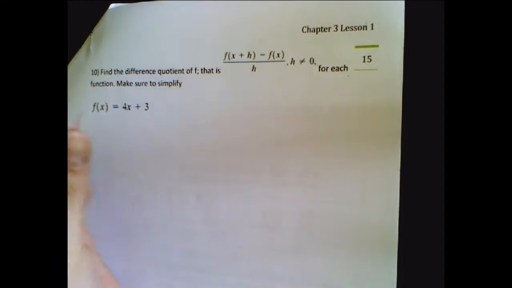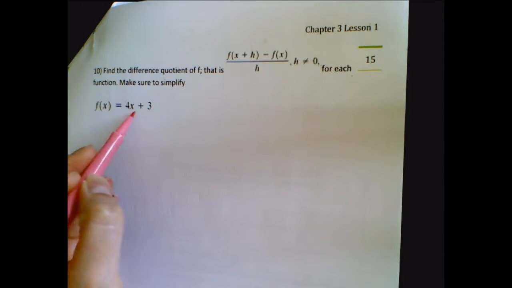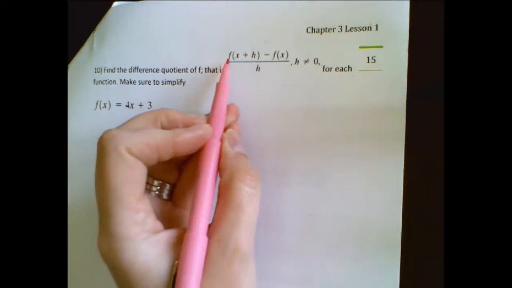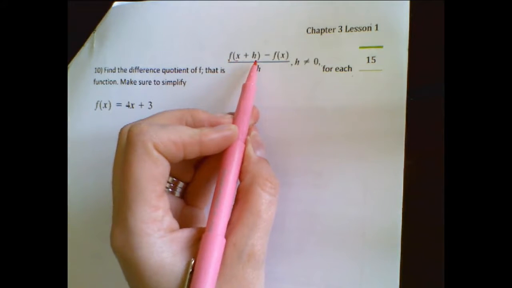So the difference quotient is given right here. Then we're going to take this function and use the difference quotient. It says the function and then replace every x with x plus h, minus the original function.